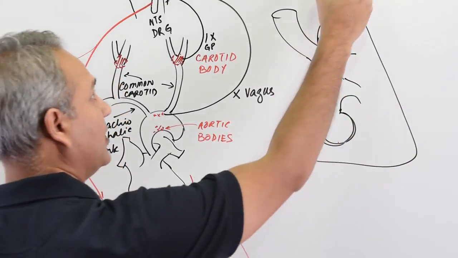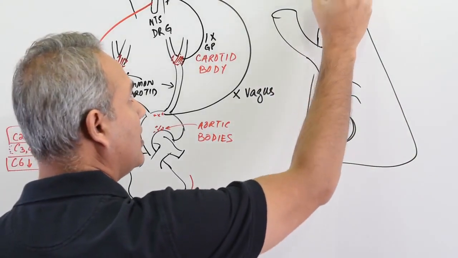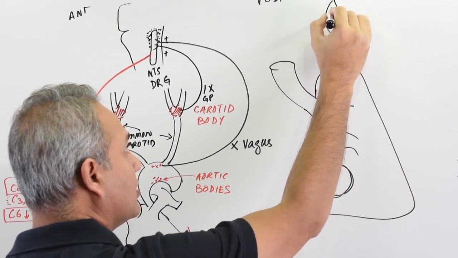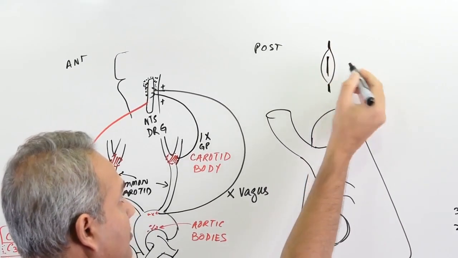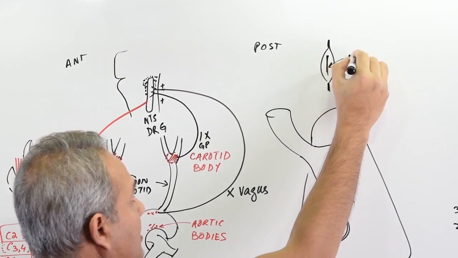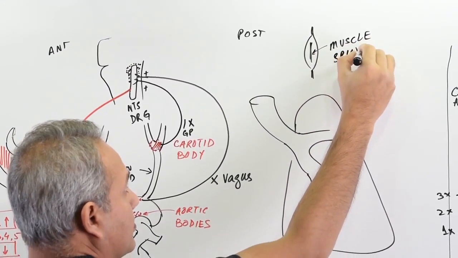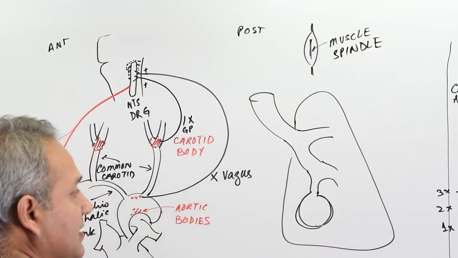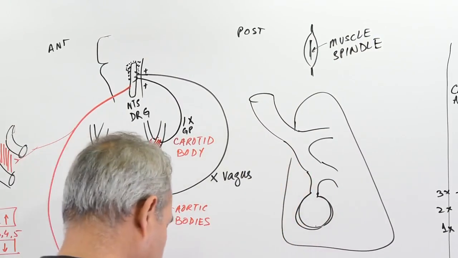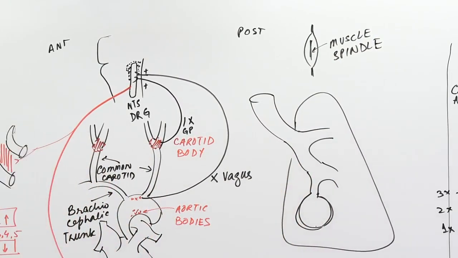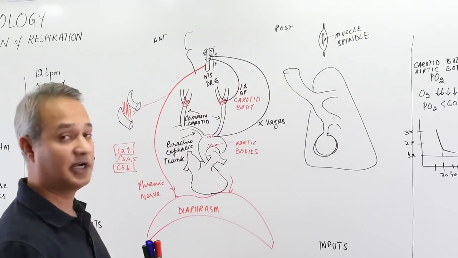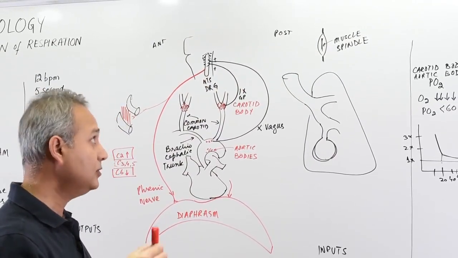Then let's also make a muscle spindle sitting in a muscle. So this is a muscle spindle. This is a lung. So now, 3 more triggers for the nucleus of tractus solitarius.